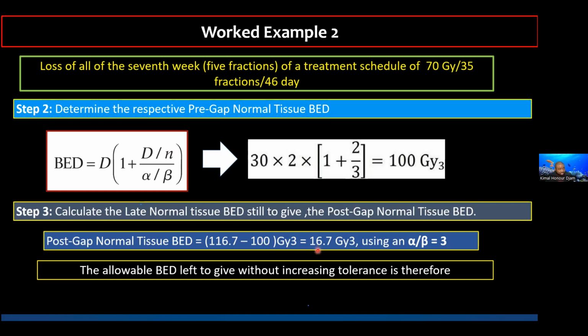And this is equal to 16.7 gray. And we're using an alpha beta ratio of 3. Remember that this is the amount of BED that is left to give without increasing the NTCP beyond the prescribed dose constraints.